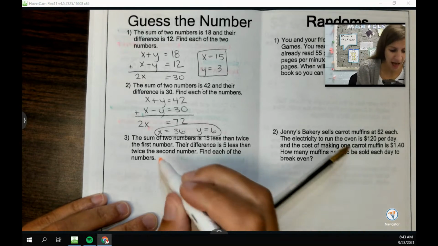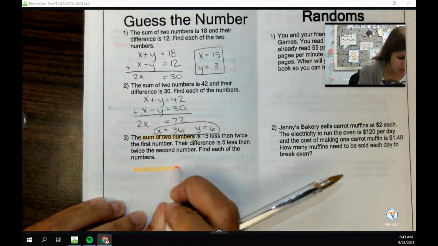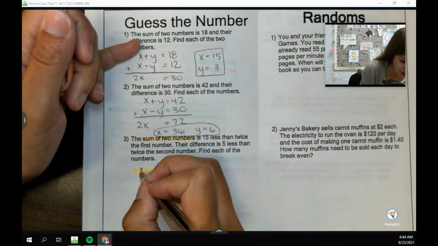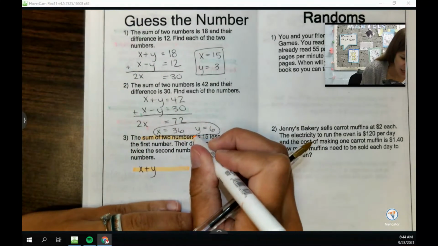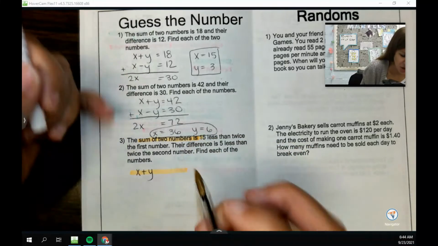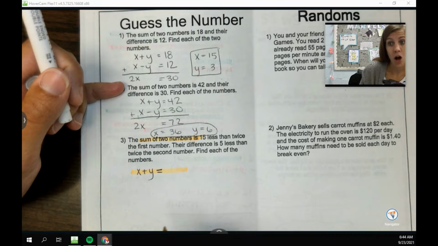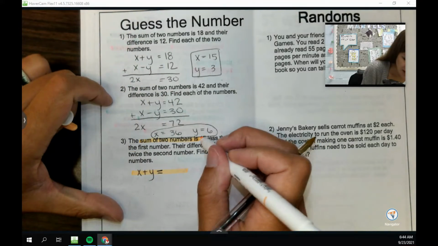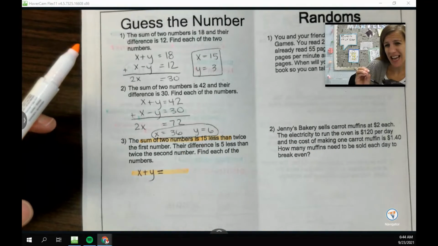translating this into math. The sum of two numbers. So sum of two numbers we just talked about. I'm going to add those two numbers up that I do not know. And then the word is such an amazing equals word. Is, that tiny little thing, always means equals. 15 less than. Now that to me sounds like subtraction, and it is.